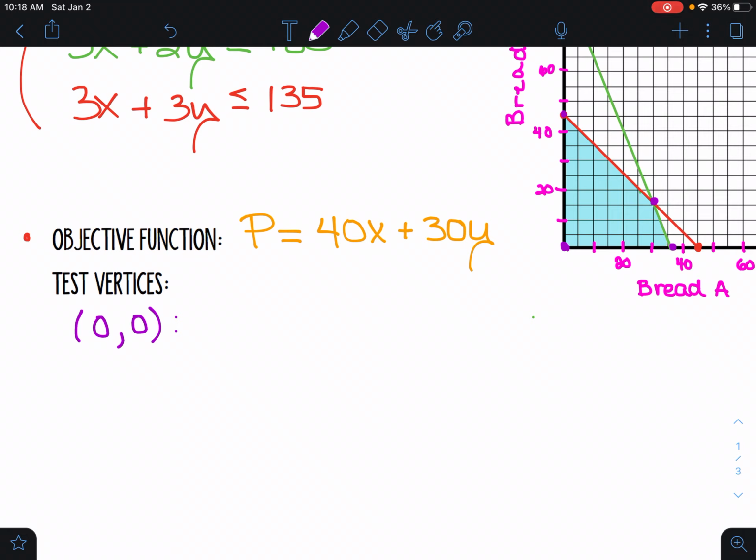Let's go up here. That would be 0, 45. Let's do this one next. So that is, remember, that was 36, 0.